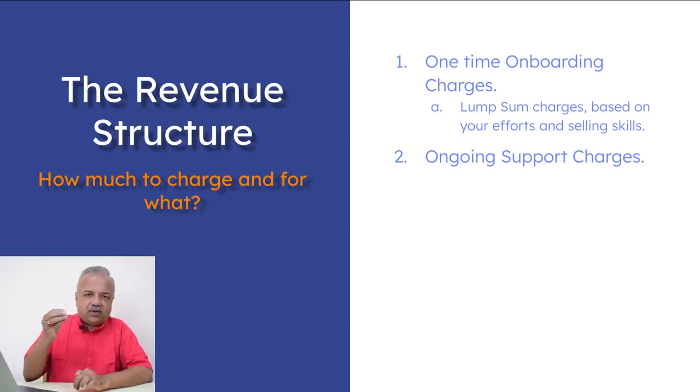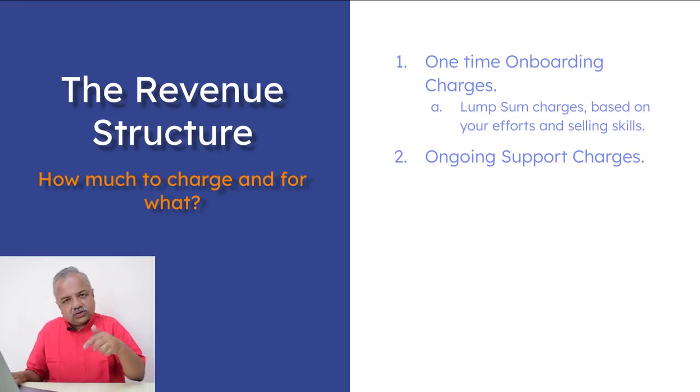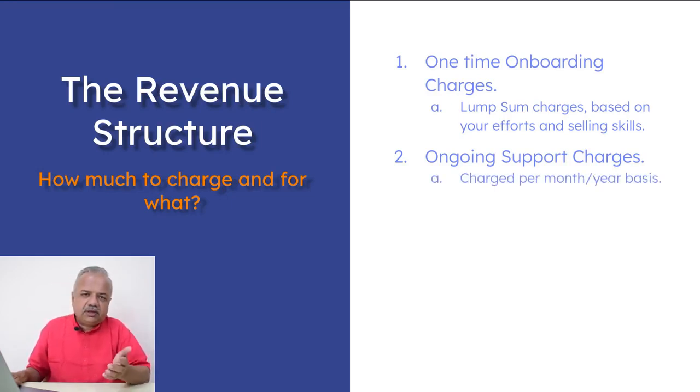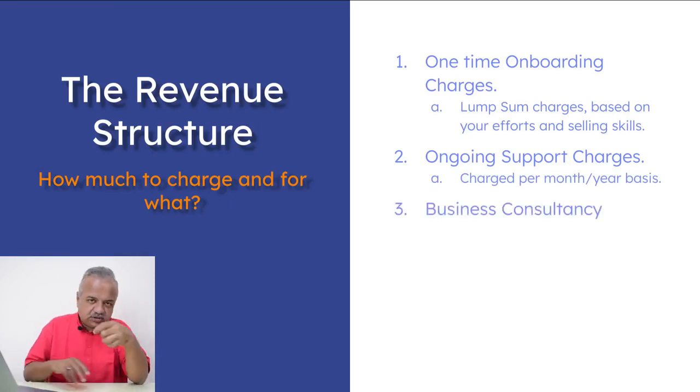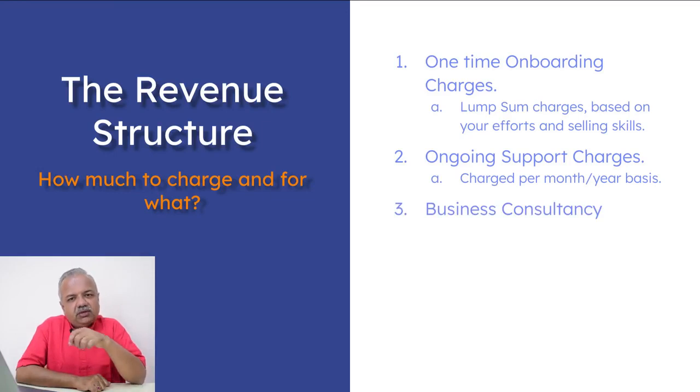So you charge 25,000 for onboarding and then support charges, because you will need to give them continuous support, right? And you should give it. You can charge that per month per user or per year per user. And for this support charge, many of our partners are charging 3,600 rupees per user per year.